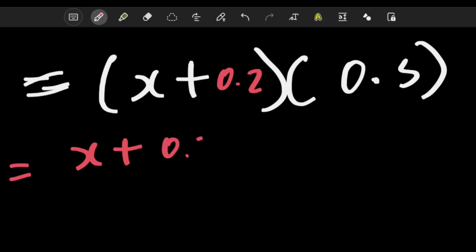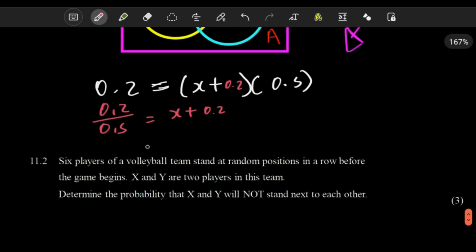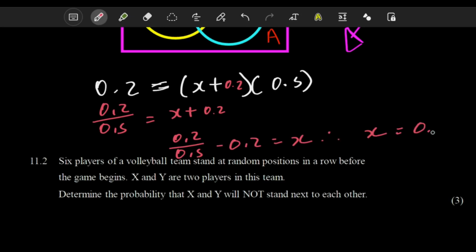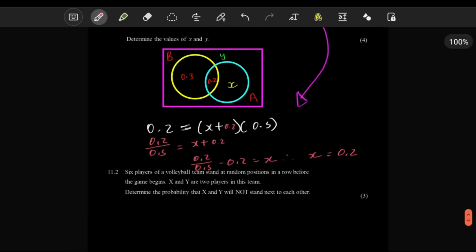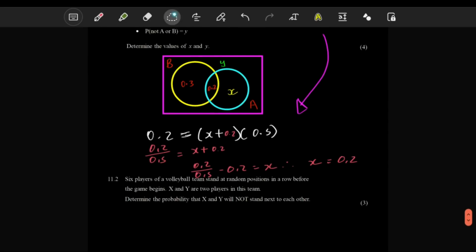This is just a 0.2. So when the 0.2 goes over to the other side, you're going to have 0.2 over 0.5 minus 0.2 is equal to x. So here your value of x is just going to be equal to 0.2. It's just a coincidence that x is also 0.2, but I think the Venn diagram is really helping us here.